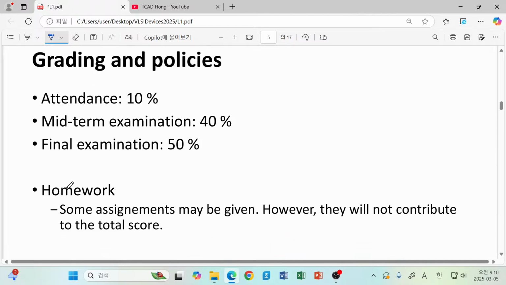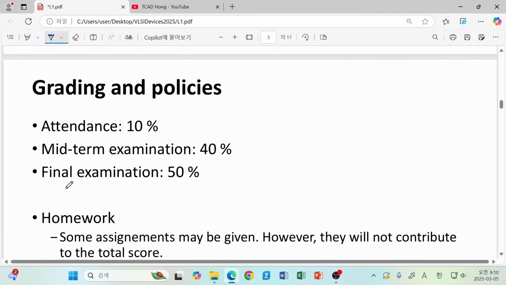Okay, grading and policies. Attendance is 10%. Every morning I will check your attendance, and that will be counted as 10% of your entire score. The midterm examination and final examination are 40% and 50%, which counts 100%.